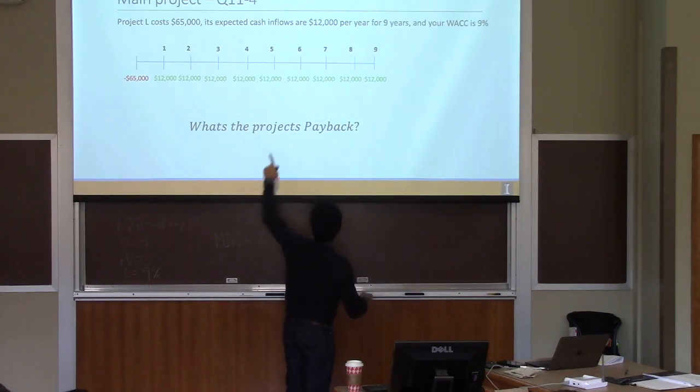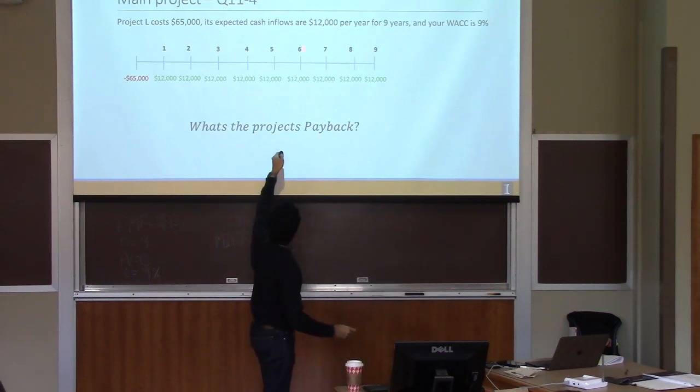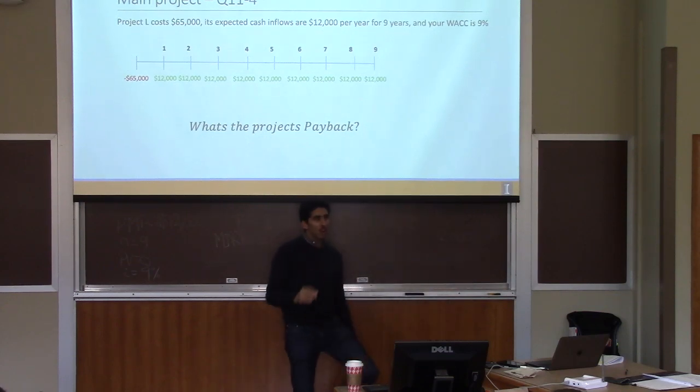So, in order to get my money back, I need 5 years. And what fraction of the 6th year do I need? It's whatever is remaining, $5,000, divided by whatever cash I'm going to get in that year. Okay? So the answer should be just under a half.